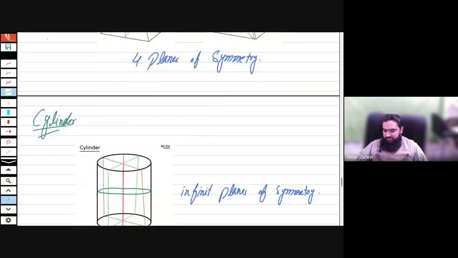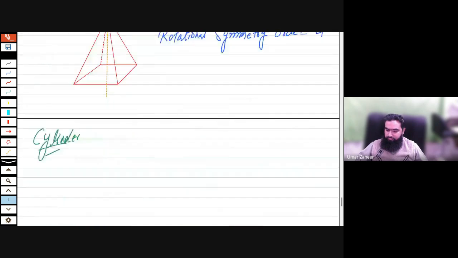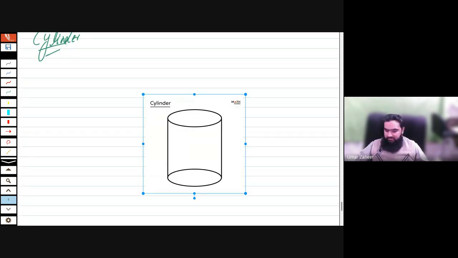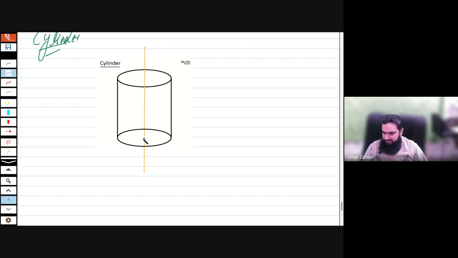Let's take the cylinder shape down. I'm going to draw a line of the axis about which it is going to be rotated. From here it passes through, and from here it passes through. This is the center.